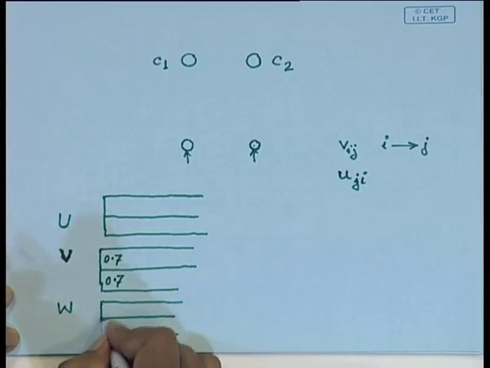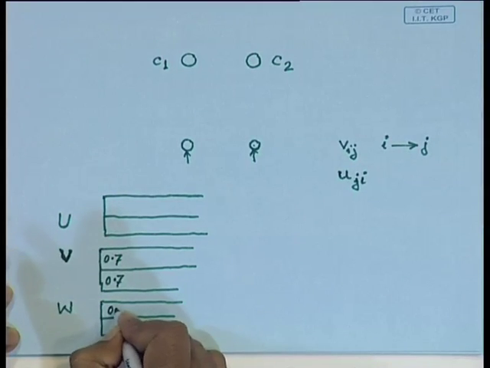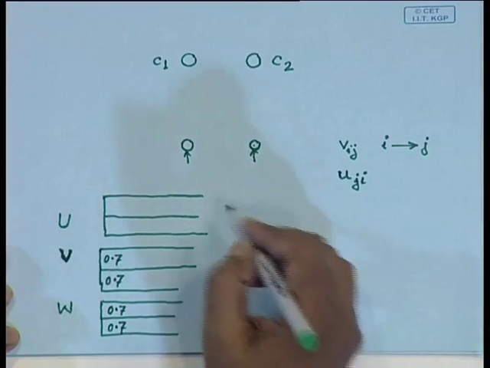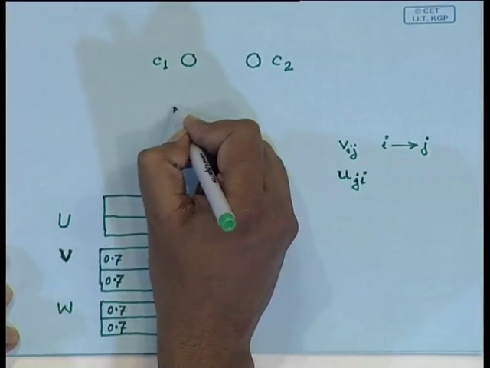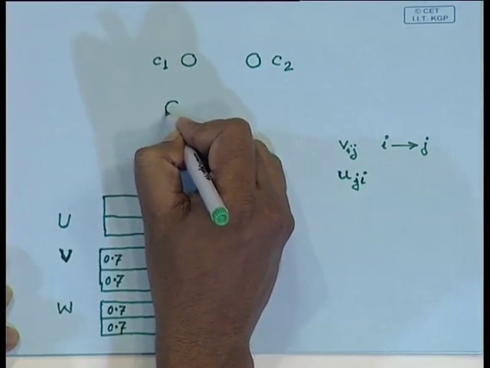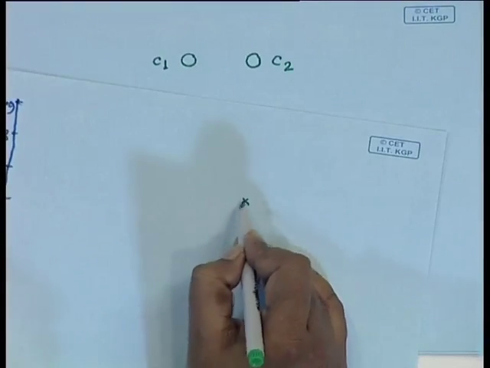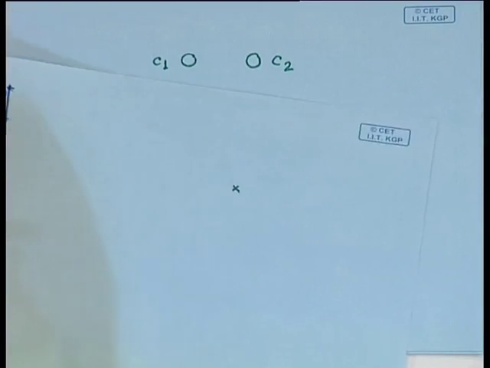Similarly, in matrix W I will have to introduce 0.7, 0.7, because that is also the max point. Okay. And I have to introduce one node in the middle layer corresponding to this particular feature vector 0.7, 0.7.